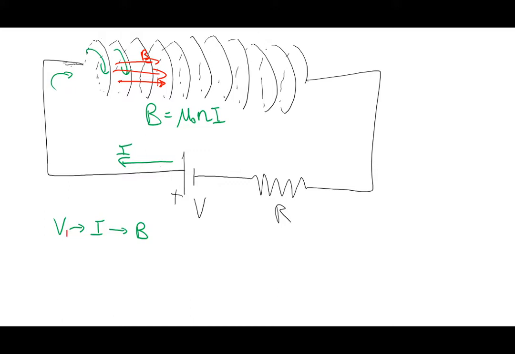So as the voltage increases, the current increases, the magnetic field increases. But wait, as a result of the magnetic field increasing, your magnetic flux within the tube, within the solenoid, also increases. Therefore, you get some EMF by Faraday's law.